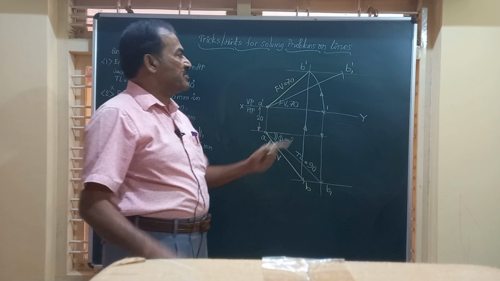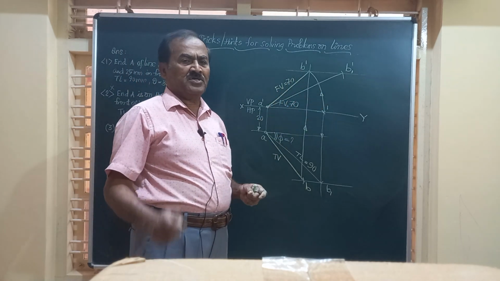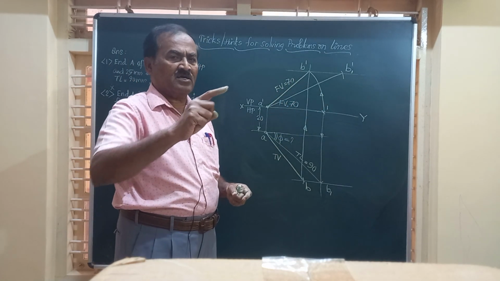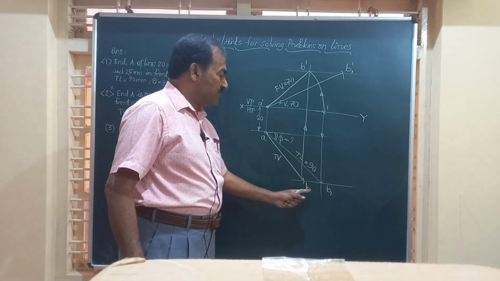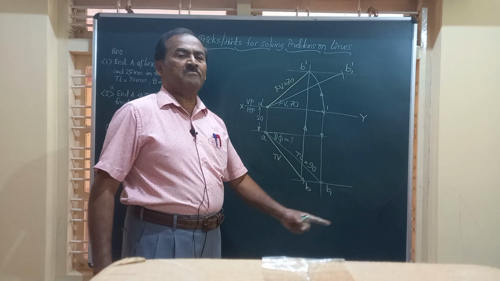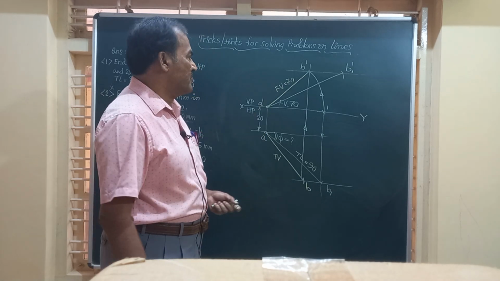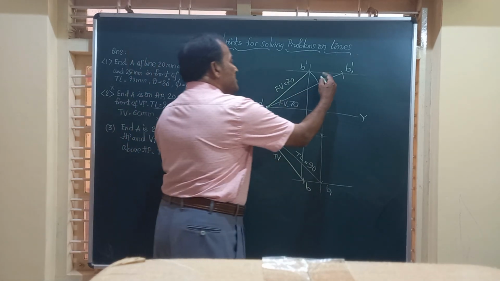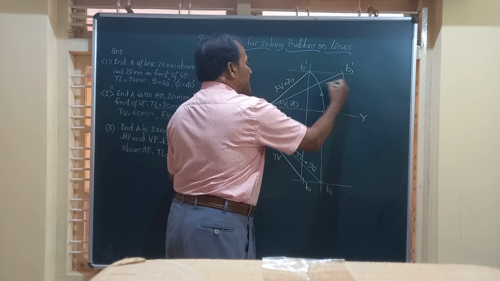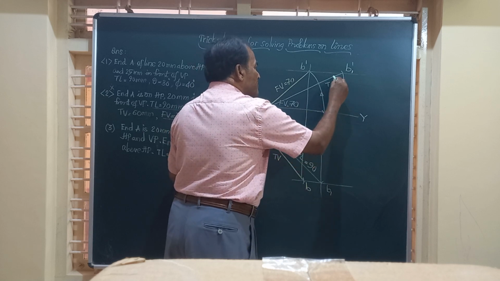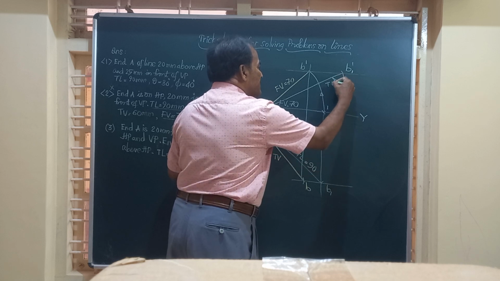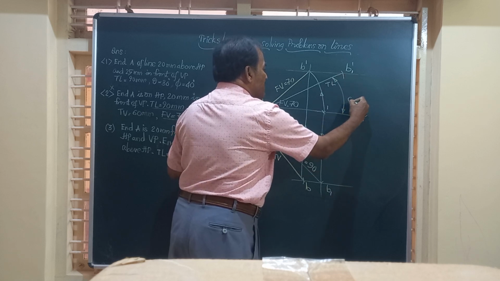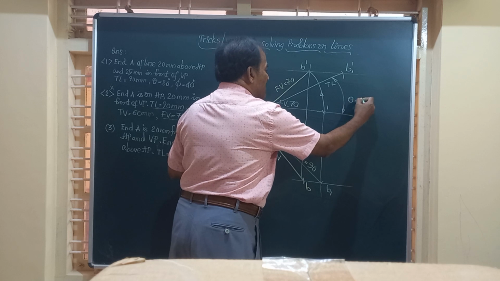Again friends, remember B dash and B1 dash lie on the same horizontal line drawn parallel to XY, like our B and B1 lying on the same horizontal line in the top view. This is the true length line, A dash B1 dash, and if you measure this angle, it gives you the angle made by the line with HP, called theta.